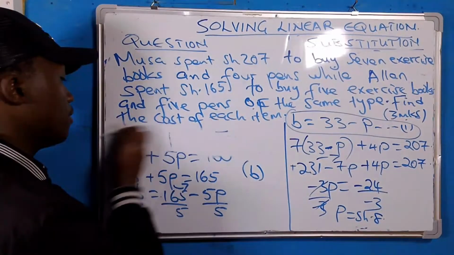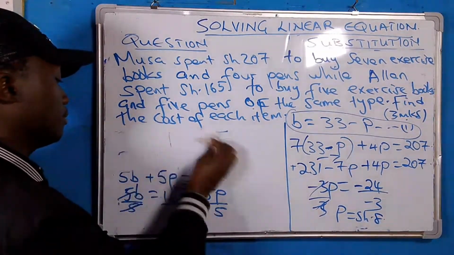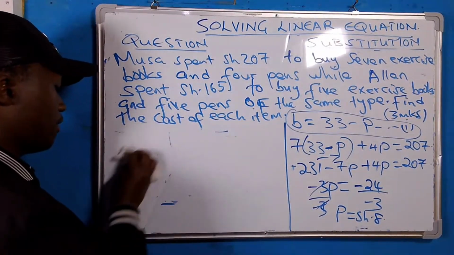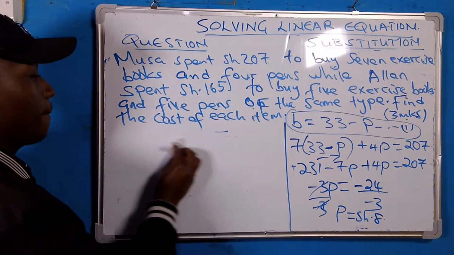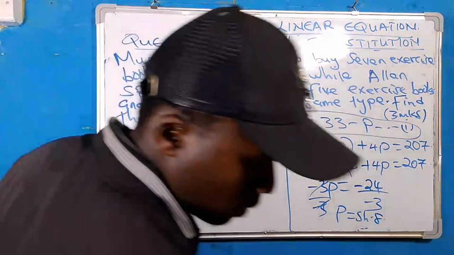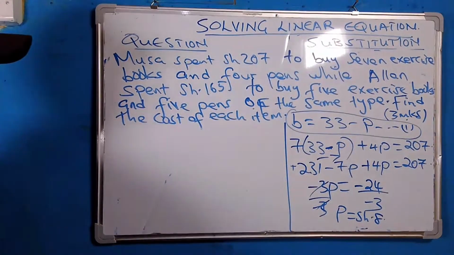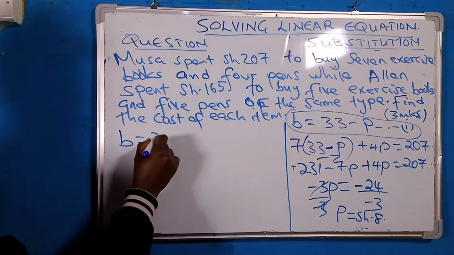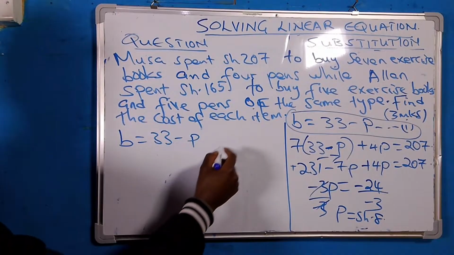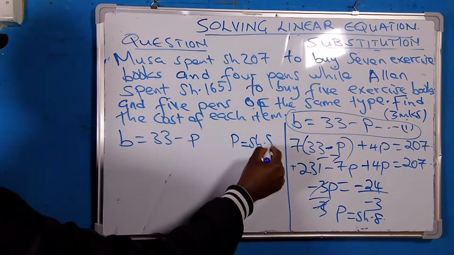The cost of a book. So the cost of a book is equal to 33 minus p, and our p is 8 shillings.